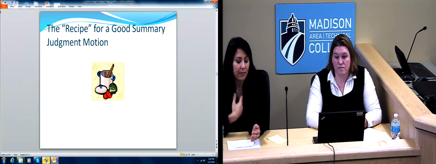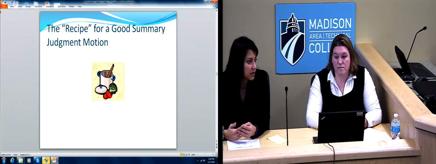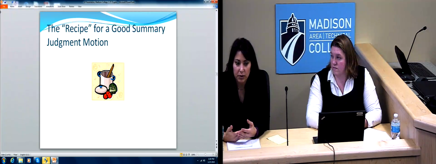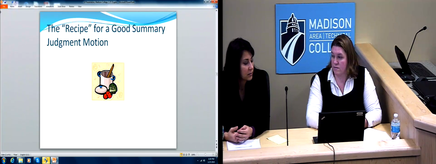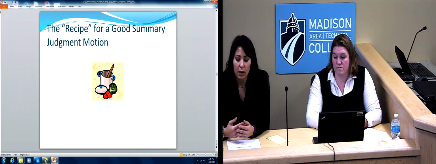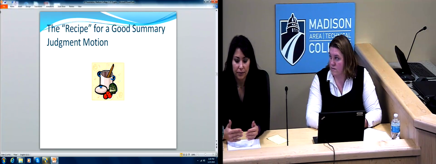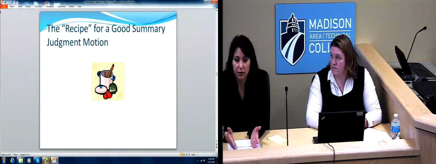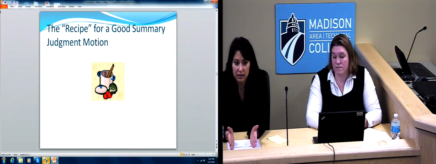So I represent the defendant most of the time, and I'm the one filing for summary judgment, asking the judge to dismiss the plaintiff's case. So I'm constantly telling the judge, there is a dispute of fact here, but it doesn't matter to the case.